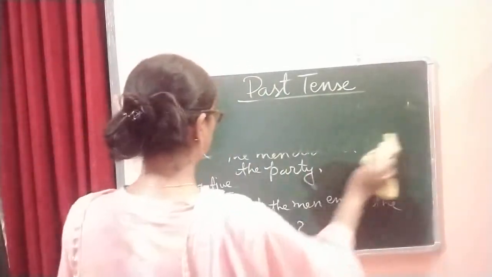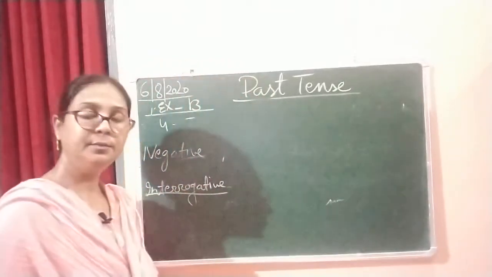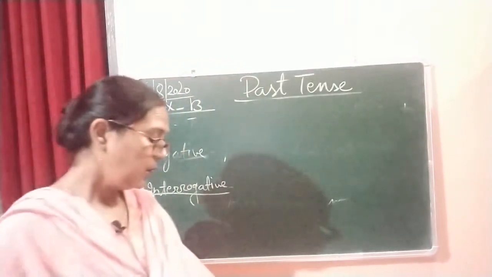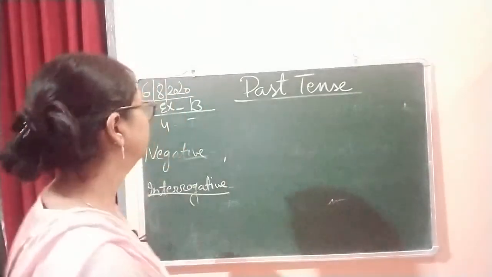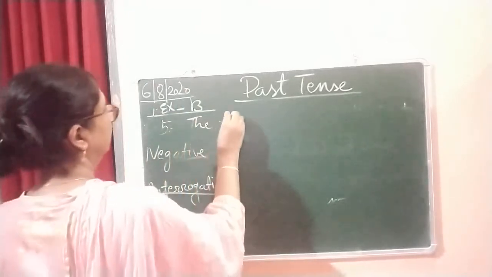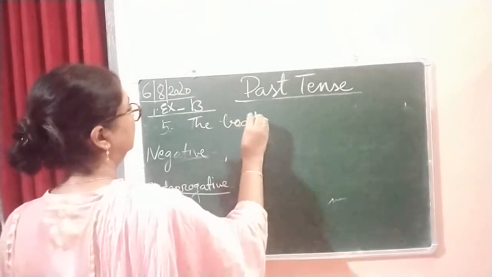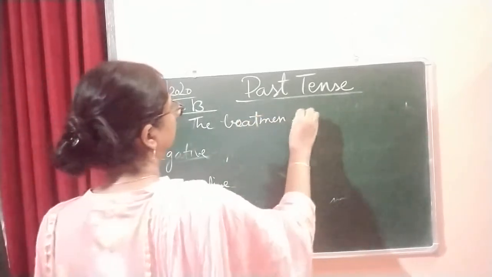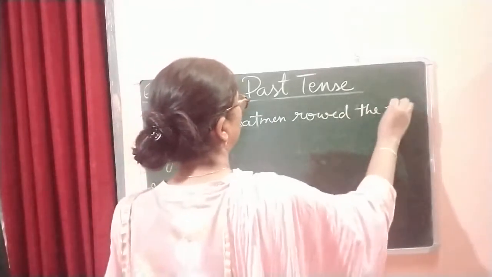Now we are moving to the next. The boatman rowed the boat. Fifth number.